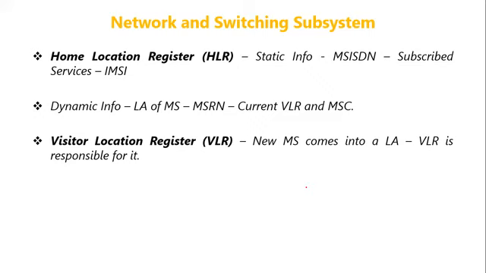All this information is also stored in the HLR. These are part of dynamic information. So this information is necessary to localize a user in a worldwide GSM network.